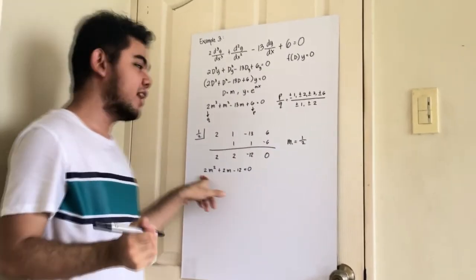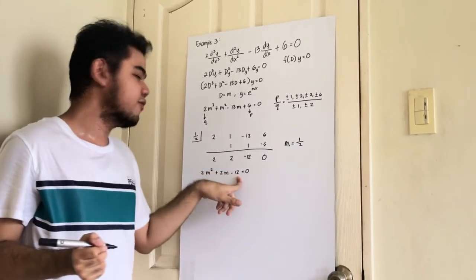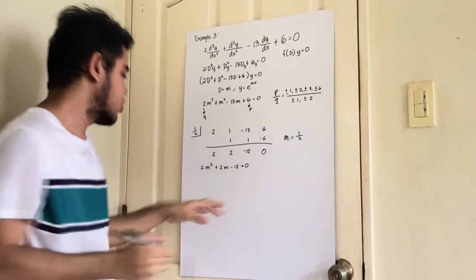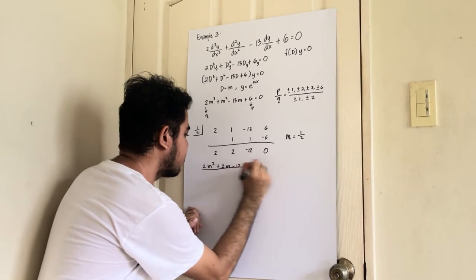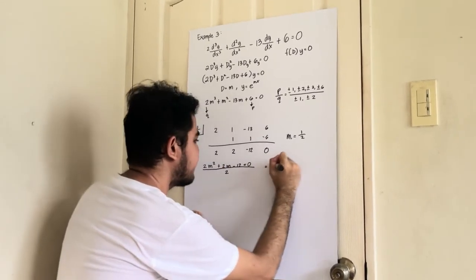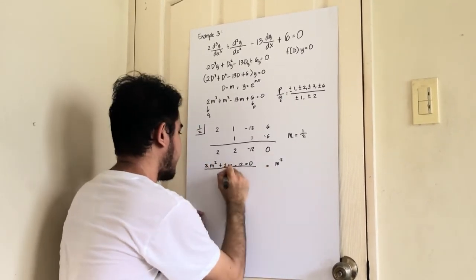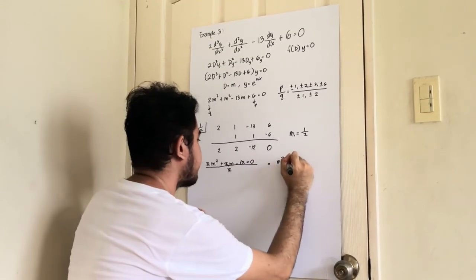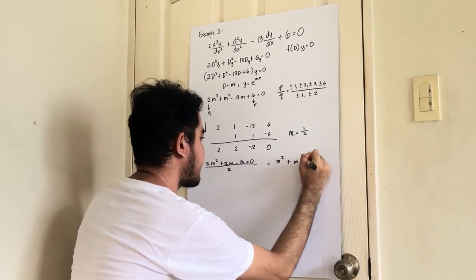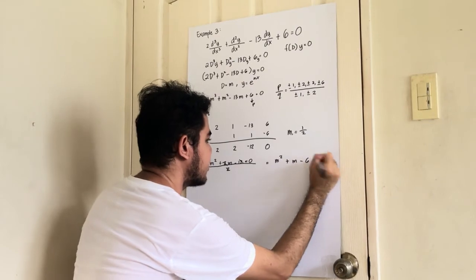So, mapapansin natin na 2 and 2 and negative 12 are all divisible by 2. So, divide mo by 2. That would become m squared plus m minus 6 is equal to 0.